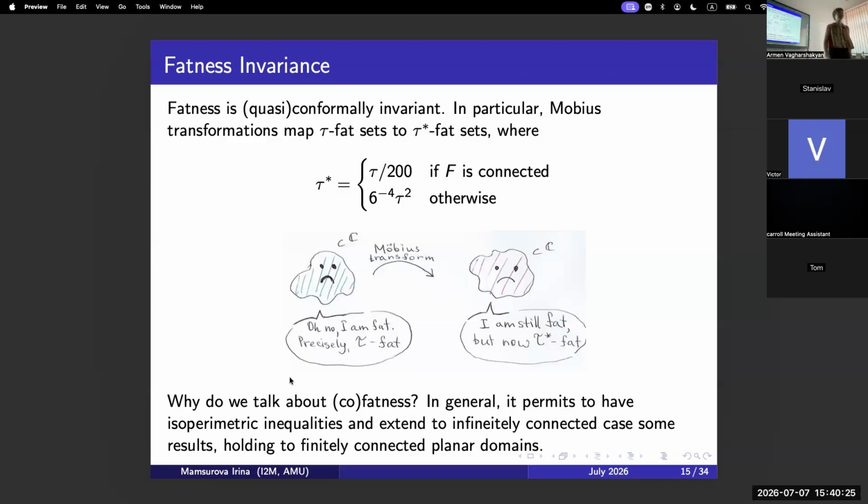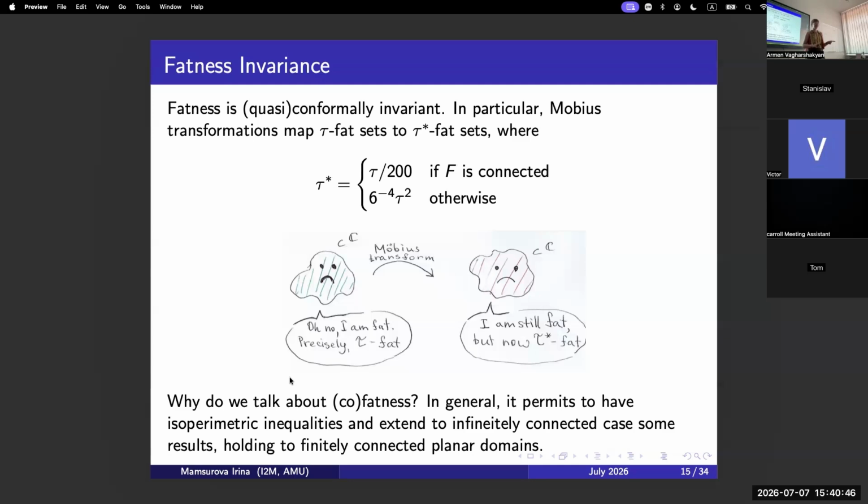But if I can add one comment, when you say that this is quasi-conformally invariant, I think you should be careful. Fatness is conformally invariant, but the constant is not.